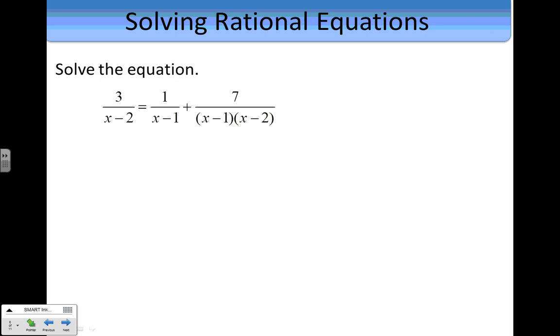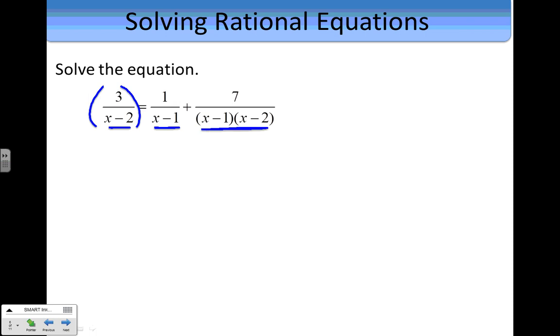whatever I multiply by has to cancel out all 3 denominators. In order to cancel out my denominator on the left, I need to multiply by an x minus 2. In order to cancel out my second denominator, I need an x minus 1. And then to cancel out my third denominator, I need both of those things again.